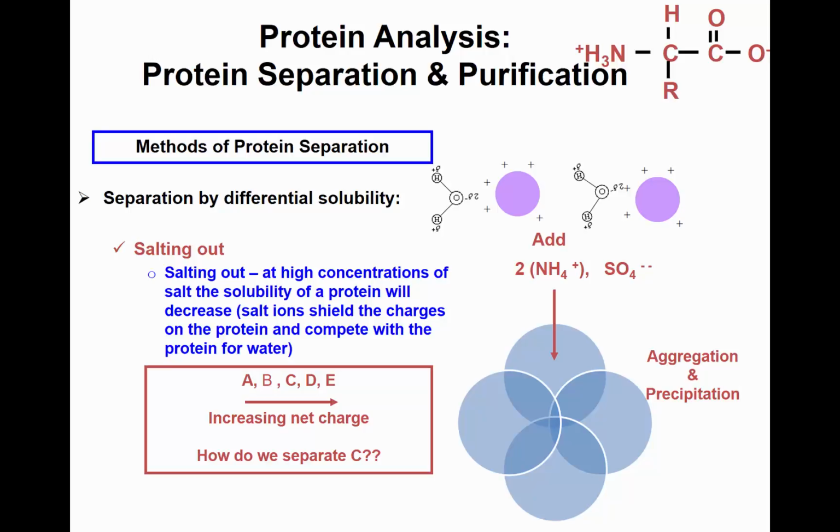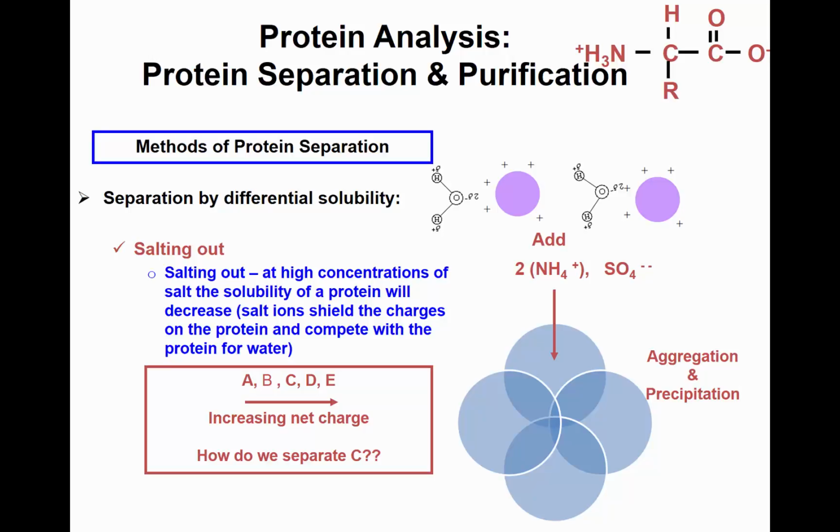What do I do? You could use chromatography. I mean, you can do chromatography, yes, you can do ion exchange, that's true. But if I just want to use the salt principle, any idea?